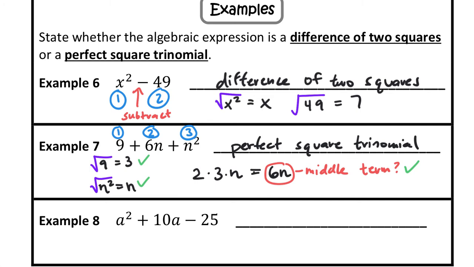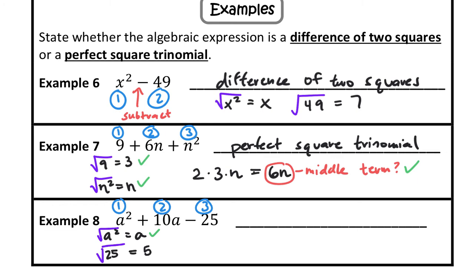Do we have 3 terms? 1, 2, 3. Can I square root the first term? Square root of a squared is a. Yes, I can square root the first term. Can I square root the last term? 25.